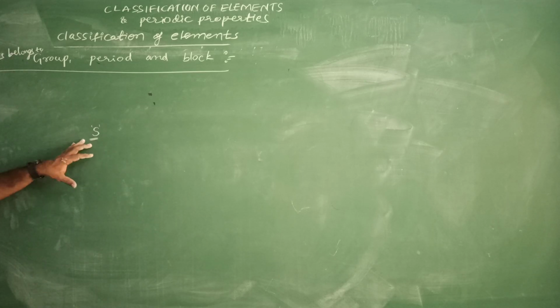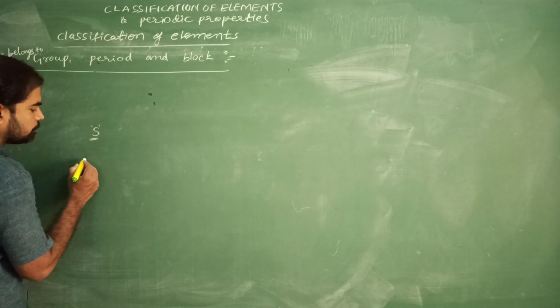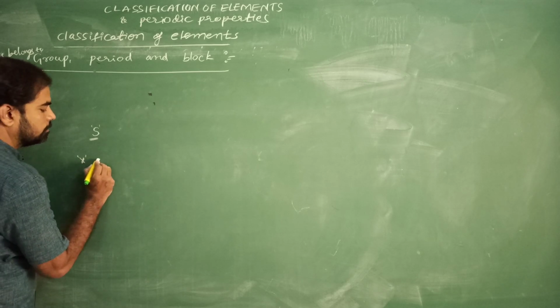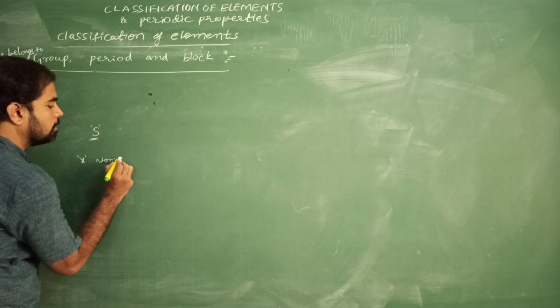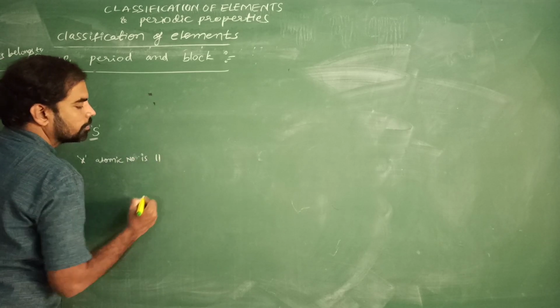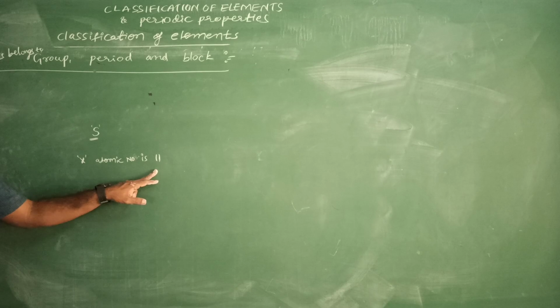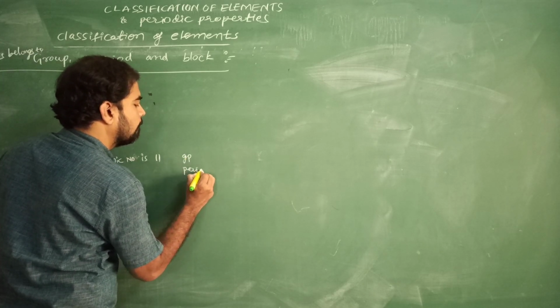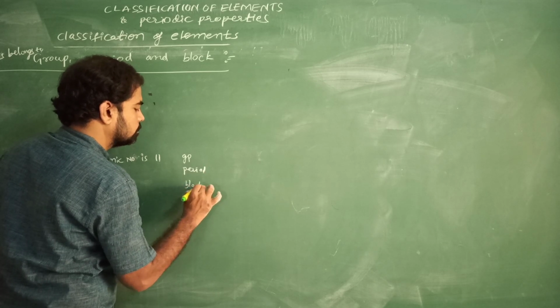Can you tell which group, which period and which block sulfur belongs to? Another one is an element X whose atomic number is 11. Which group and which period does it belong to? What are the group, period and block?